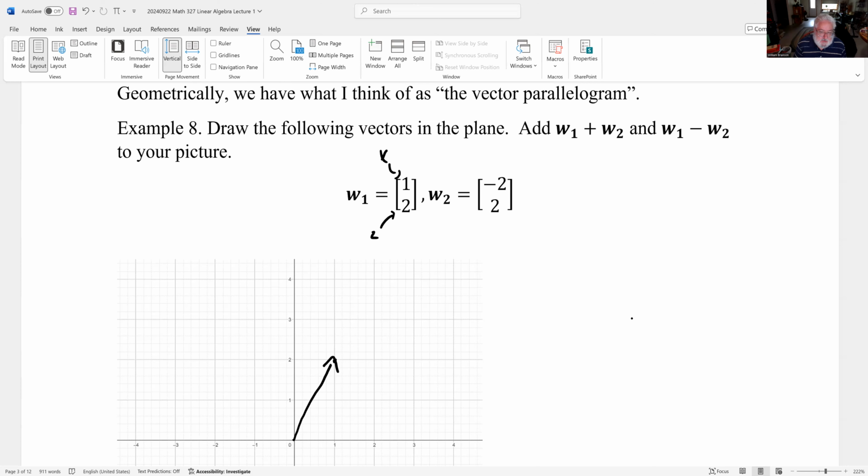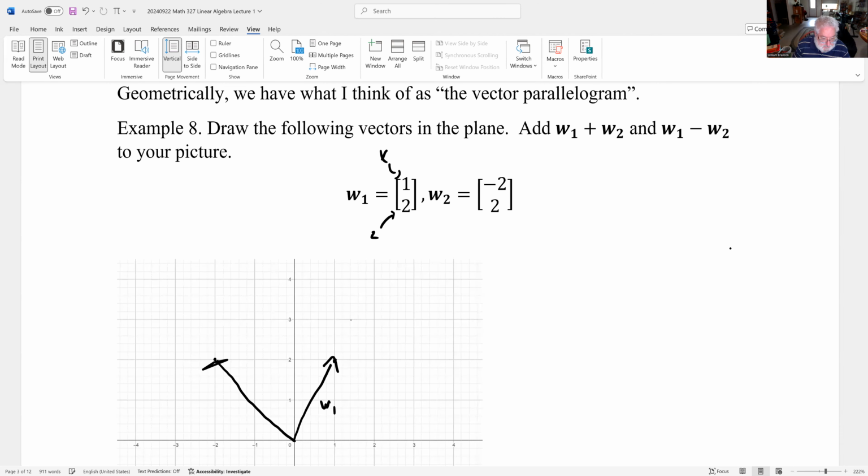So there's my vector W1. W2 has minus 2 as my X component and plus 2 as my Y component, so it'll end there. And we just draw in that vector. That was kind of a weird arrow, but I'll take it.